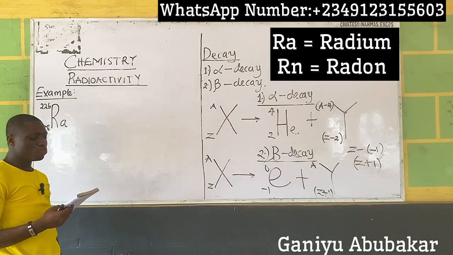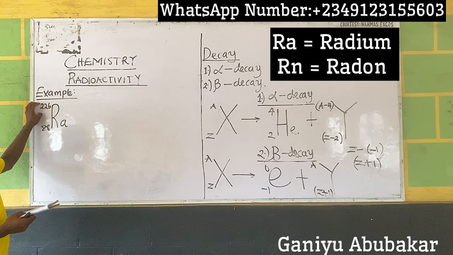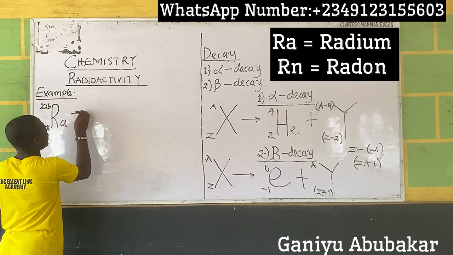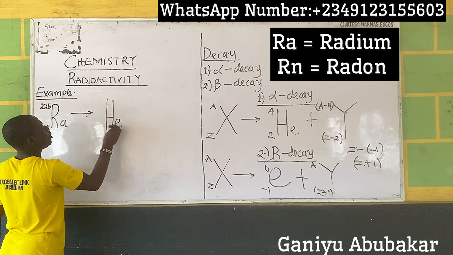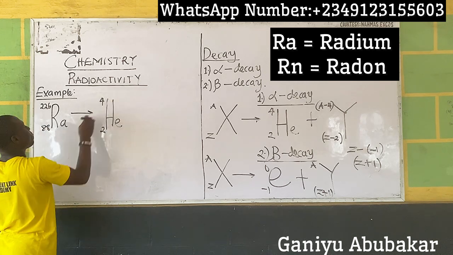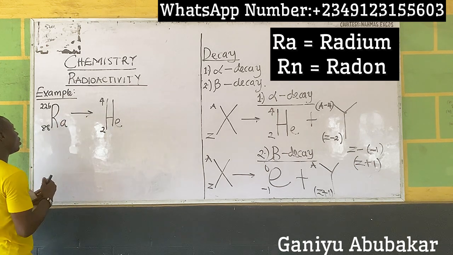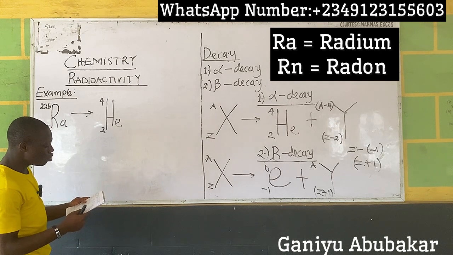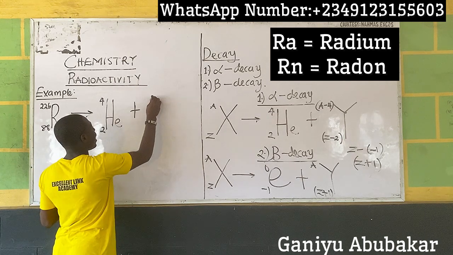So when radium-226 undergoes alpha decay, for alpha decay we expect helium, He, with 2 and 4 here. This radium undergoes alpha decay to form radon.